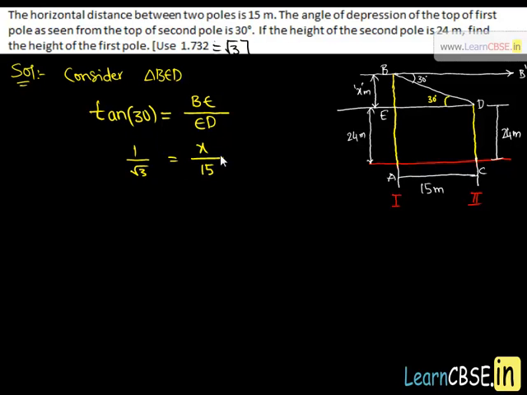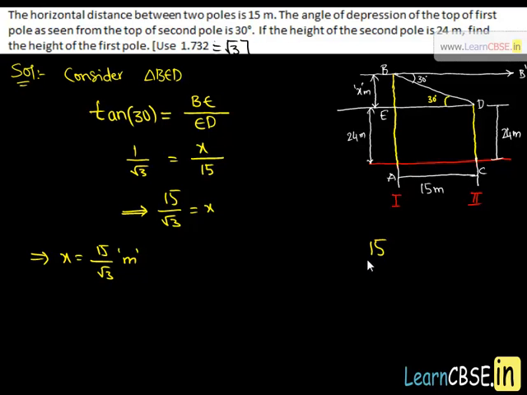By cross multiplication or by transposing 15 to left hand side we get 15 upon root 3 which is equal to x. On rearranging we get the value of x is 15 upon root 3. Here we have its value in meters. To rationalize, that is to eliminate root 3 from the denominator, we have to multiply both numerator and denominator with root 3.